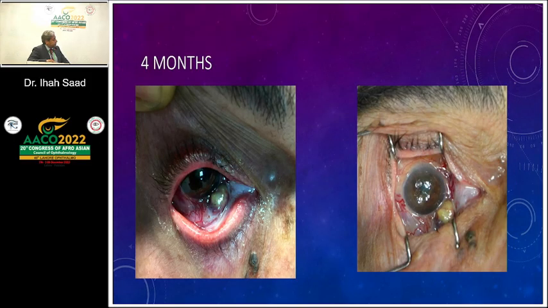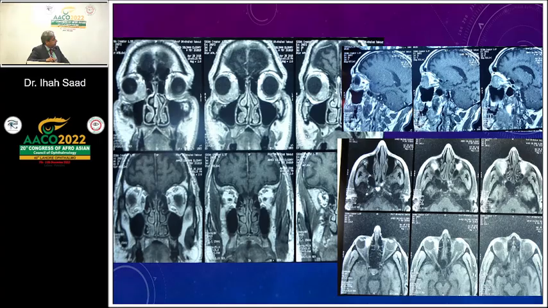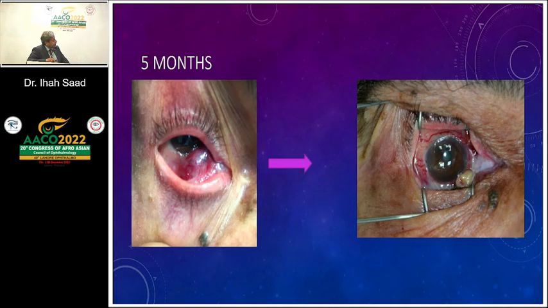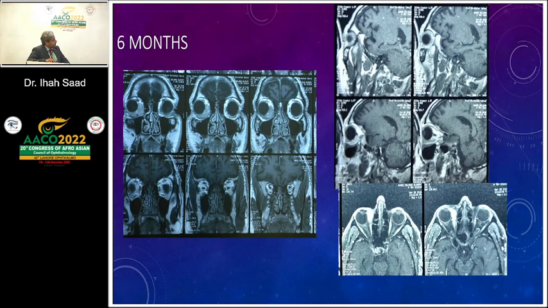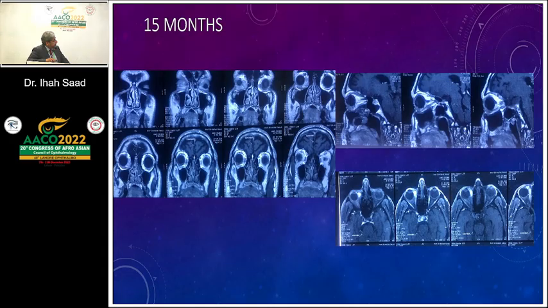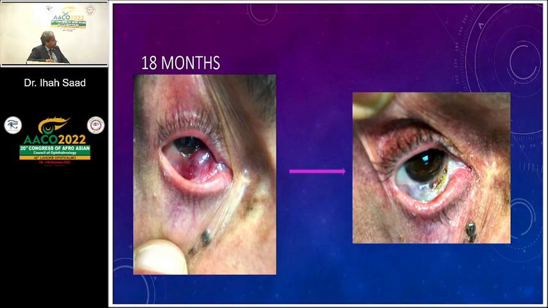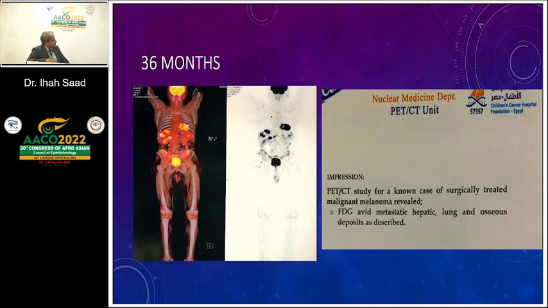We inject directly intralesional, and you can appreciate regression of the tumor mass over time. The tumor mass that was extending here has almost disappeared over time. And this is how we started, how we ended at 18 months.